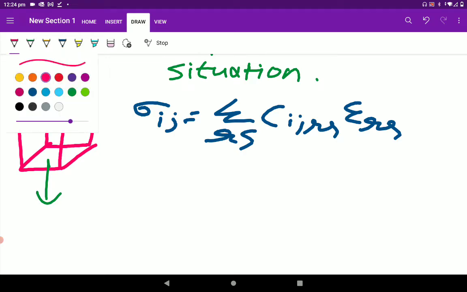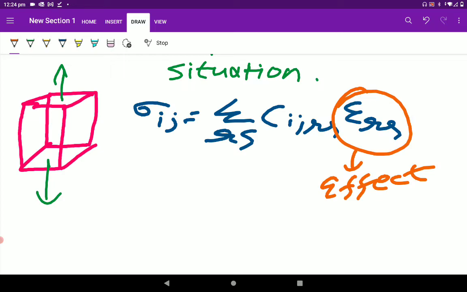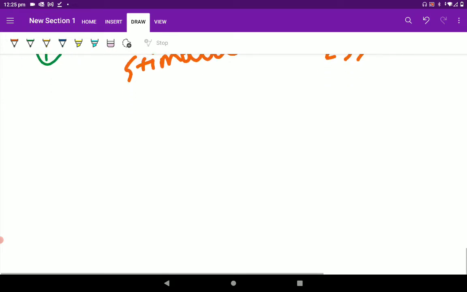Here in this case, this is the effect and this is the stimulus. Now imagine that you have an origin here.